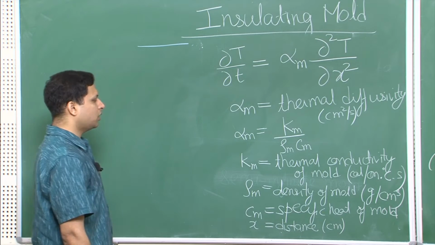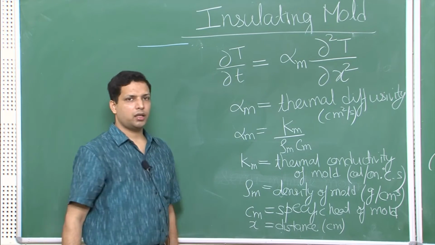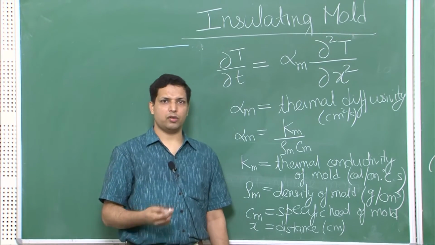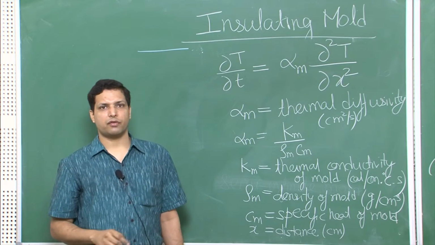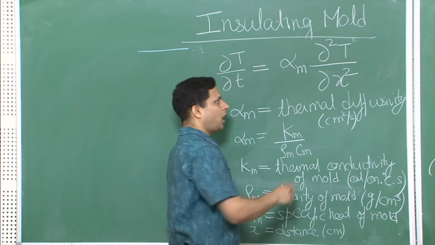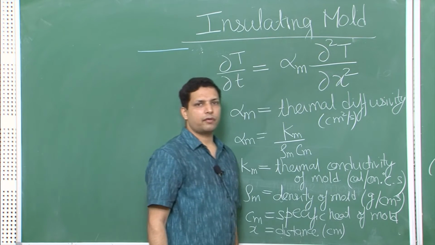So this is the governing equation that needs to be used for getting the temperature as a function of x and t. And remember, this is the one dimensional form of that equation.